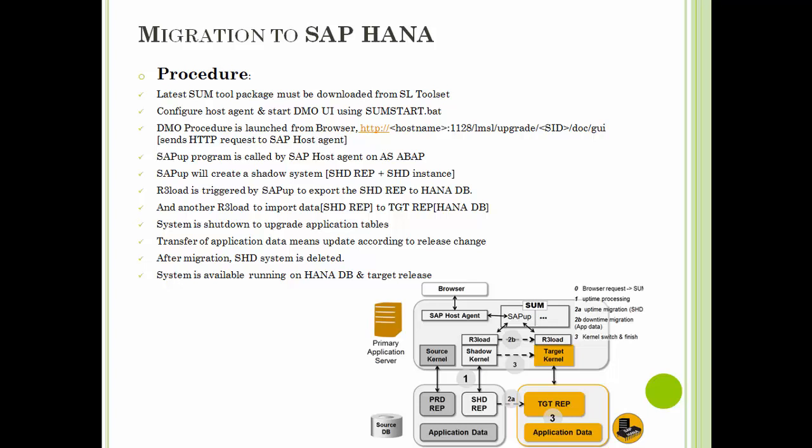These are the software downloads necessary. And additionally, as discussed, we should have the migration key, and we should have the license key for the target system. And with this, now we have understood the procedure, how DMO works, how it is launched, and how it does the upgrade and migration.